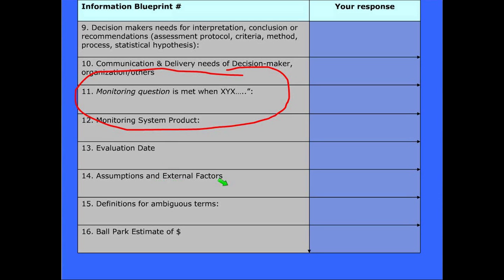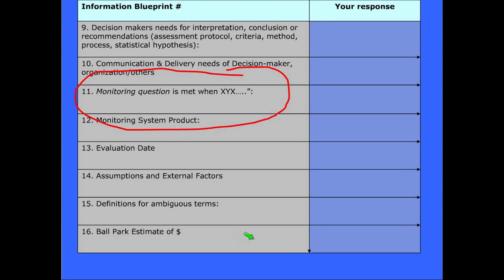What are the assumptions and external factors, like that this grant stays funded, all the assumptions you have going into this? It tells the user who reads this the container that your monitoring question and program is in. And you're telling them what you're doing and not doing by putting that information out there. Here is where you have the opportunity to share what your definition of health is, or restore, or any ambiguous terms that are associated with your program.